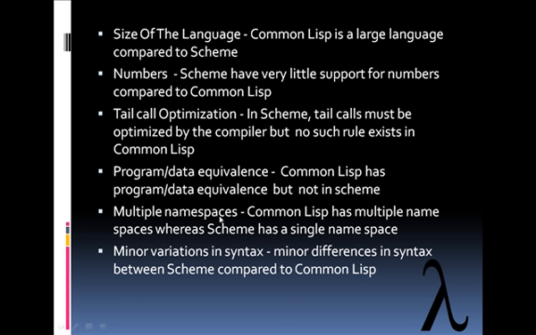Multiple namespaces. The difference that is perhaps the most difficult for students to get used to is the fact that Common Lisp global function names are different from names of other data objects. We say that Common Lisp has multiple namespaces, whereas Scheme has a single namespace.